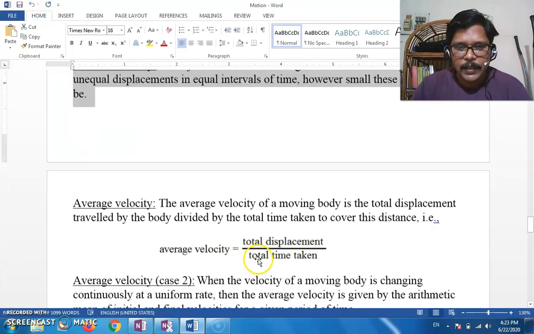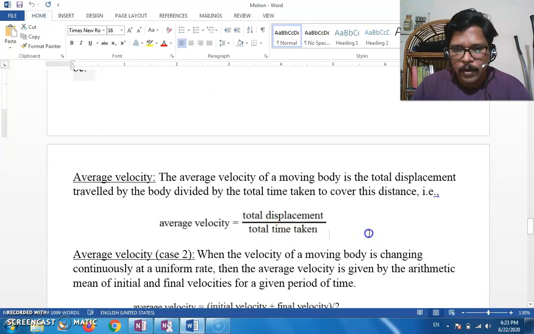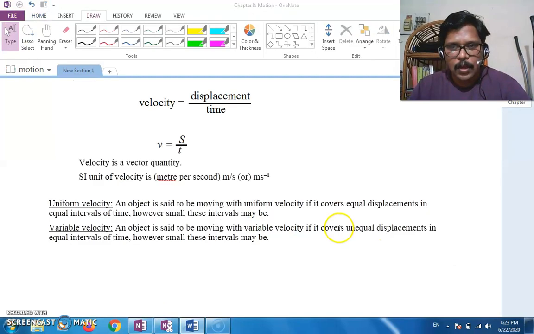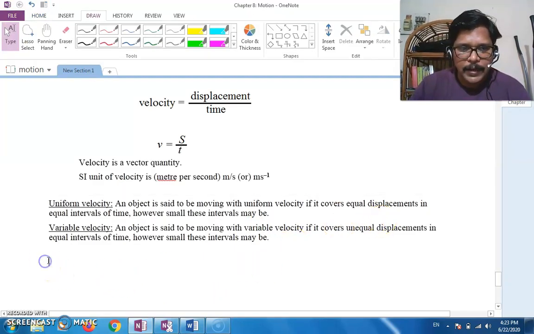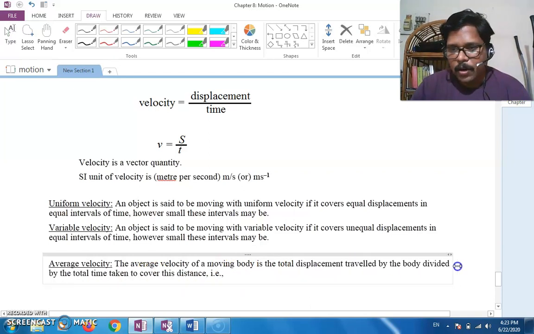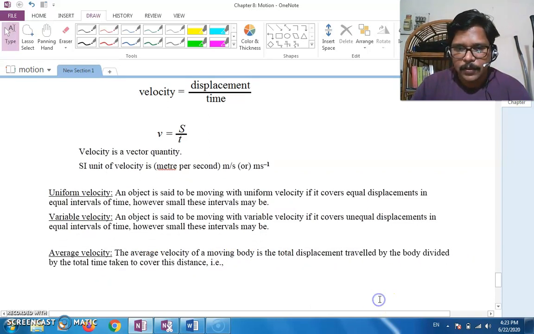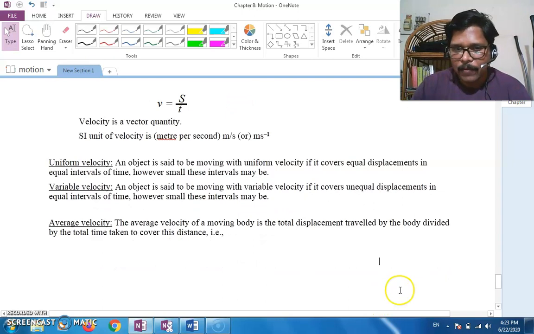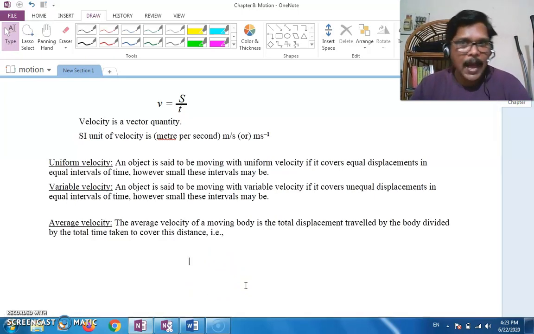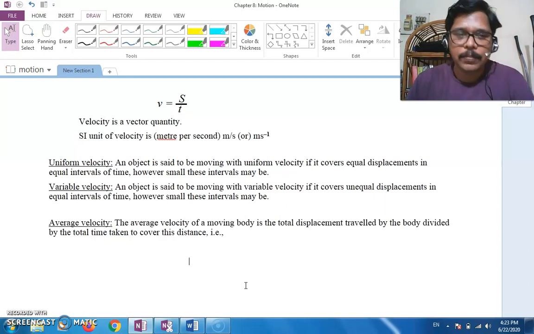We will go for the other type of velocity, average velocity. For average speed, you have some idea: it is total distance traveled by total time taken. Generally we calculate the average speed at the end of the journey or trip, after traveling a certain distance, for the entire trip.